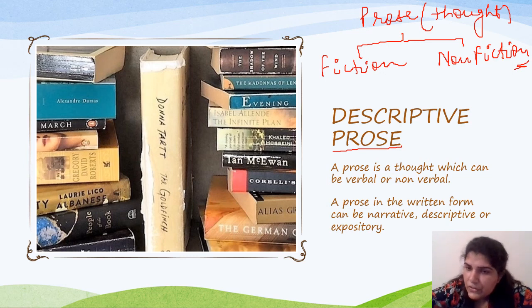So any piece of writing or spoken language that is communicating our thought is called prose. It can be fictional prose and it can be non-fictional prose. Fictional prose is imaginary, not real, and non-fictional prose is not imaginary, based on true facts.